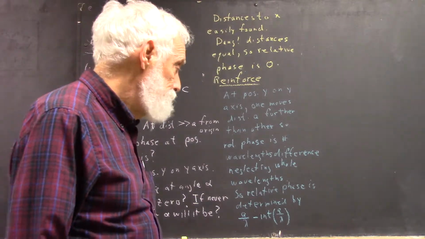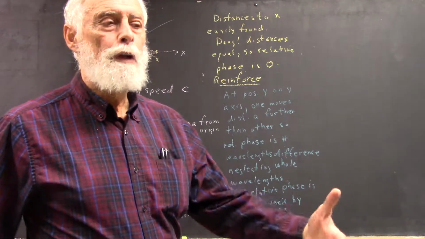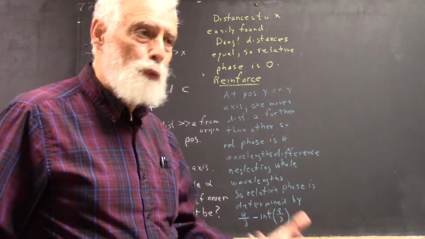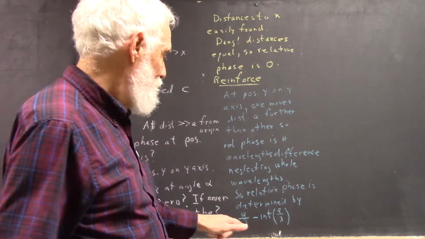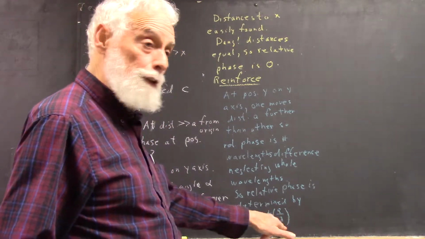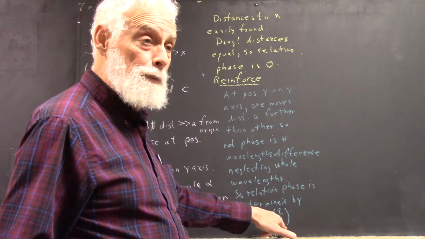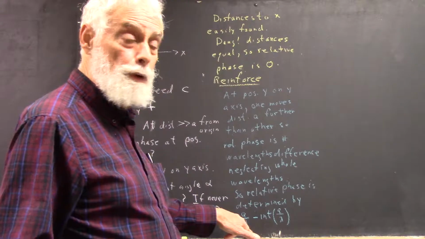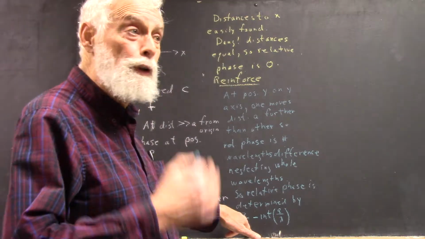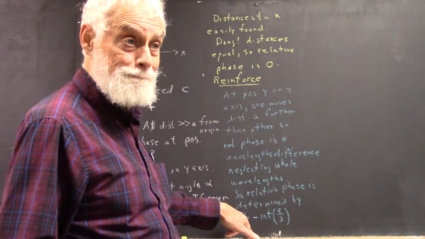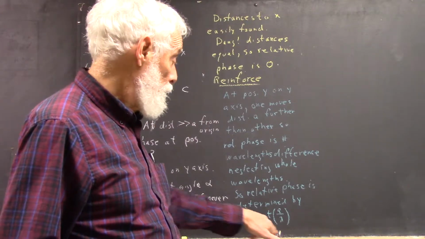Which means if there are 738.76 wavelengths, then the greatest integer in A over lambda would be 738. You'd subtract that from the 738.76 and have 0.76 wavelengths, right? So that's actually how you would calculate it.